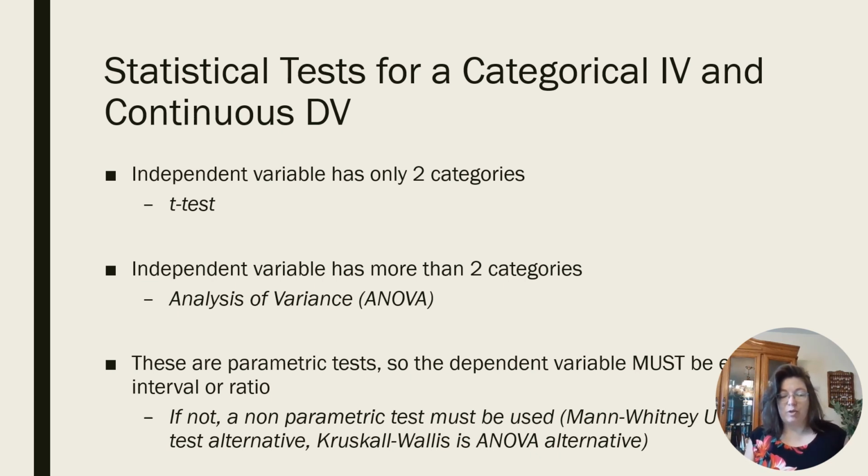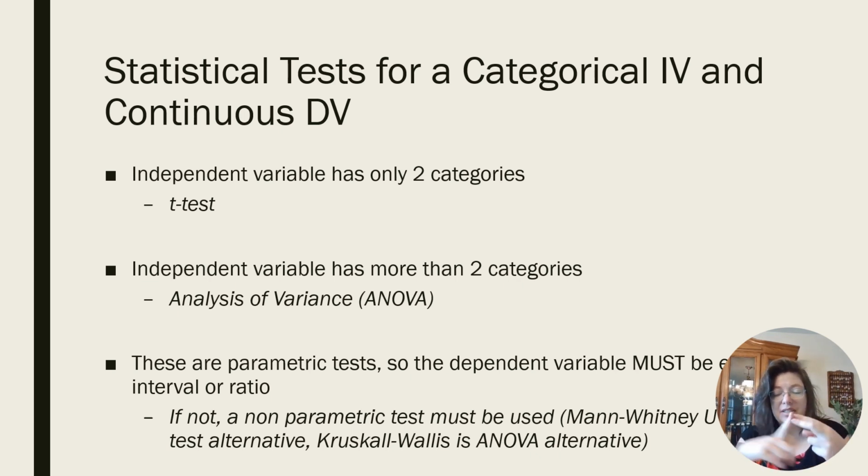The other assumption is that the variance within each of these categories of the independent variable is going to be roughly the same. That's what's known as the homogeneity of variance assumption. All right, so we want a normal distribution in each of those categories and roughly equal variance.